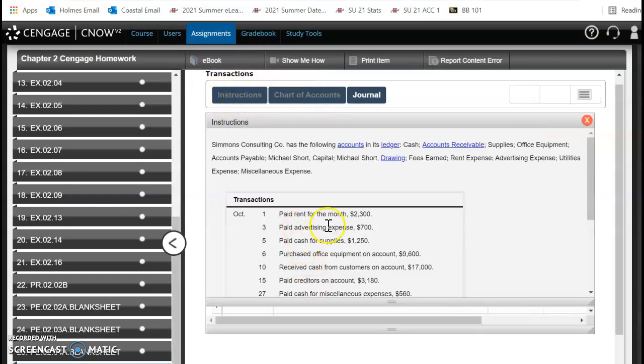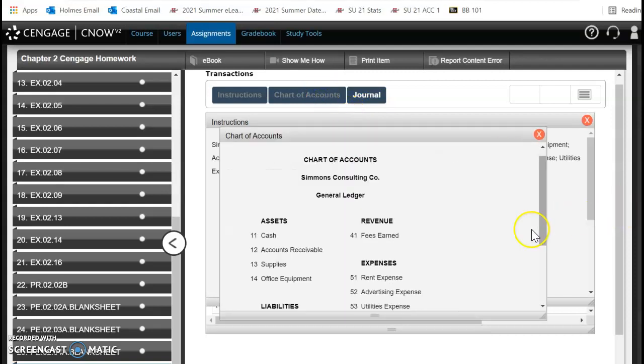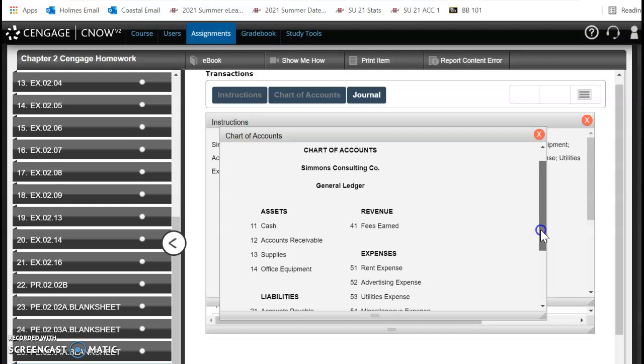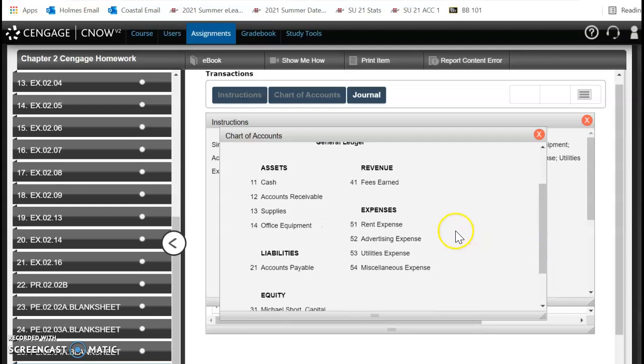Okay, paid rent for the month. Okay, so here we're paying rent. And let's look at our accounts. And when we pay for something, that's going to be an expense. And expenses go up with a debit.